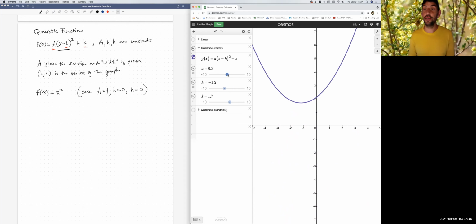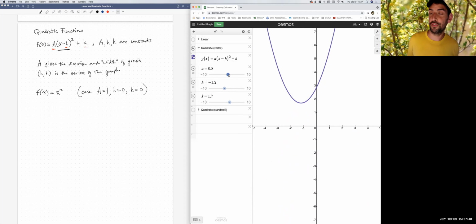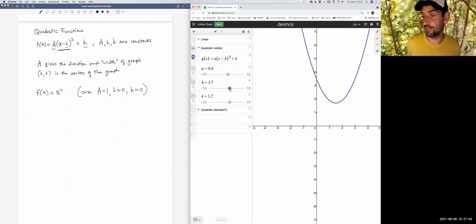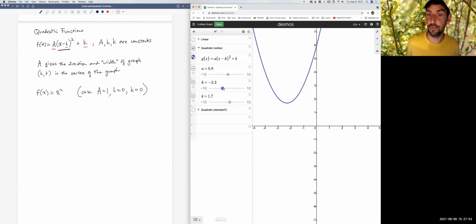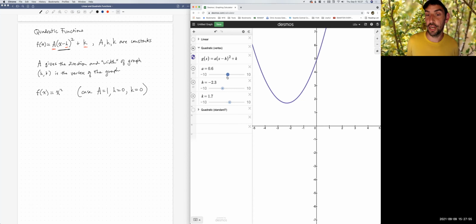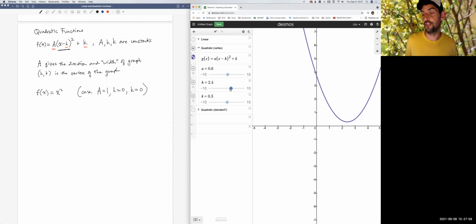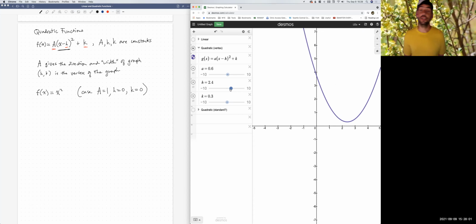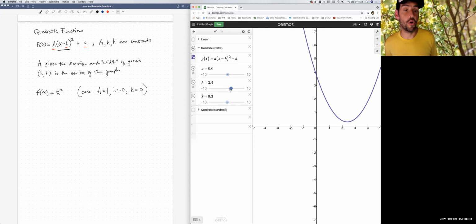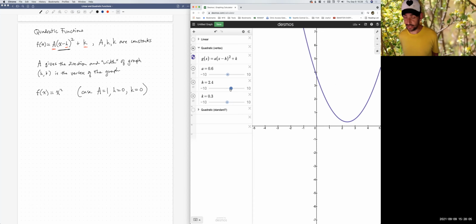All these different parabolas are examples of quadratic functions. Regardless of whether it's opening up or down or how wide it is, I can move the vertex around to determine that maximum or minimum point.